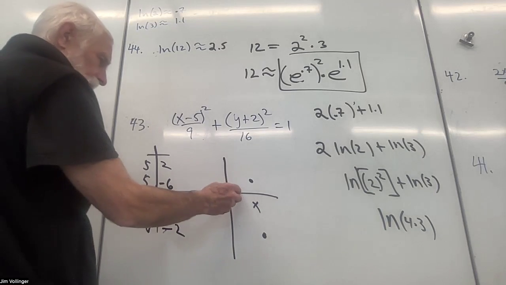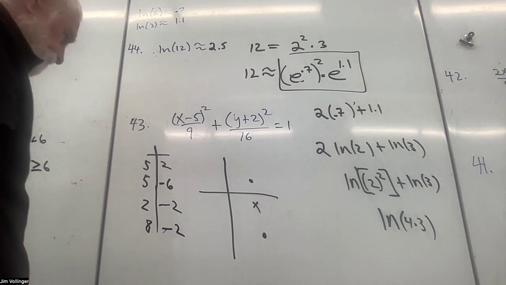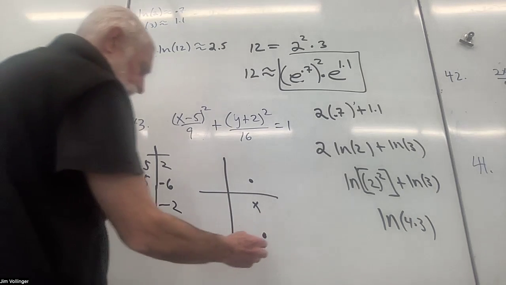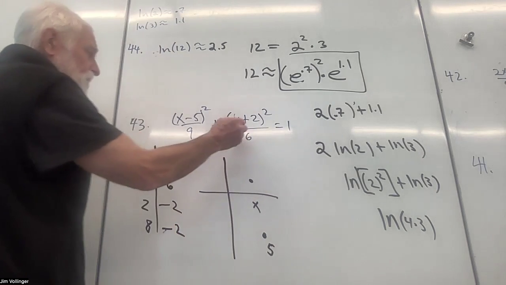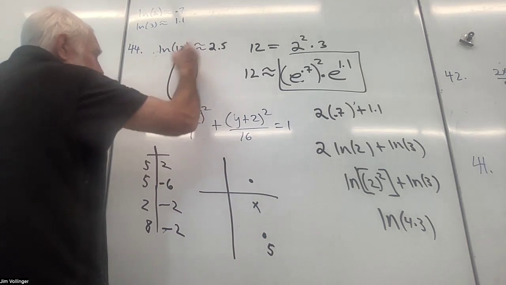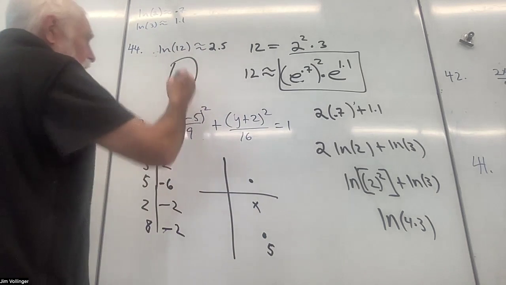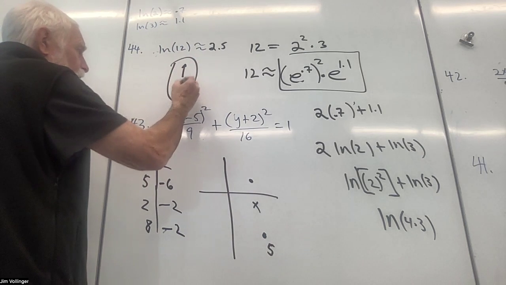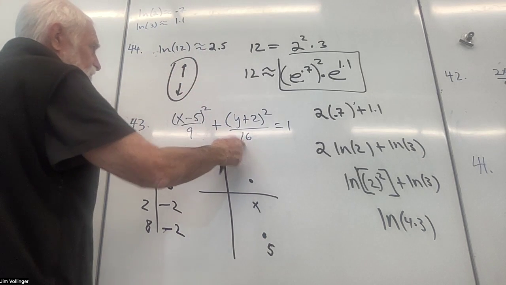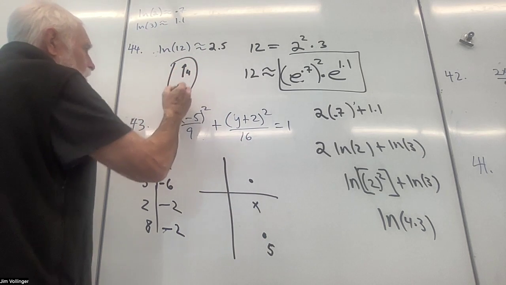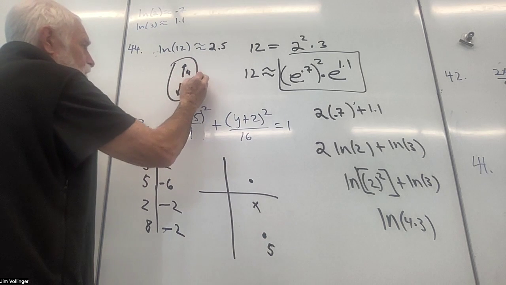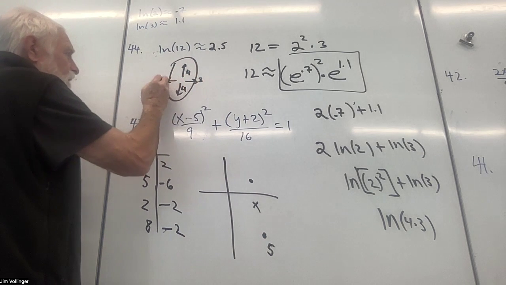did I make a mistake? 5, -6. I know what I'm supposed to get. I'm supposed to get an ellipse that's more vertical, where I go up 4 and down 4, because that's the square root of 16. So up 4, down 4. Left and right 3, left and right 3. So let me check what I have.